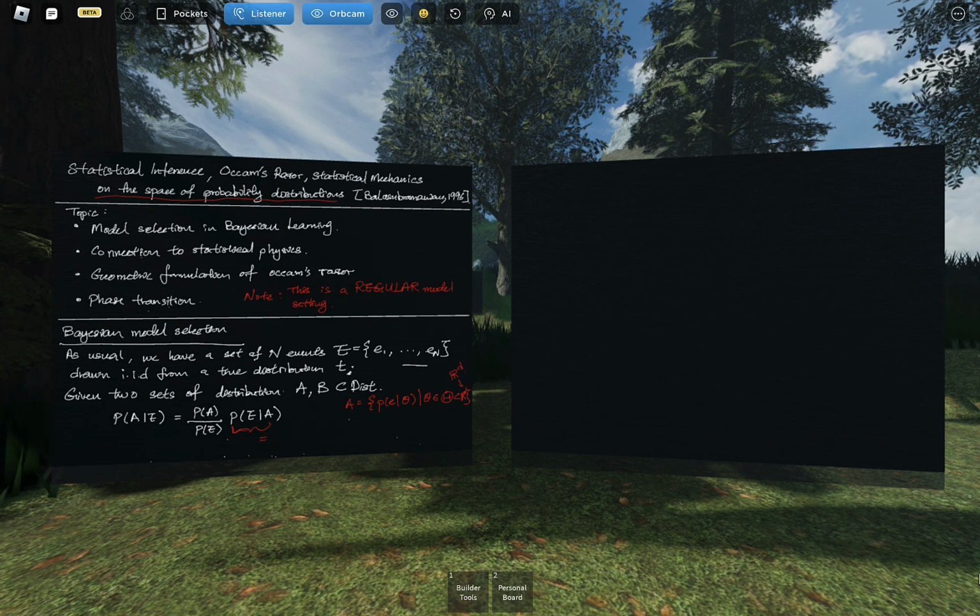Which means that this factor here is equal to something that we know, and that is known as model evidence.